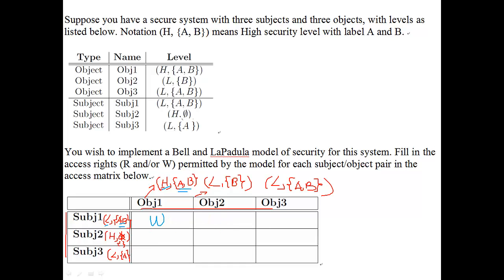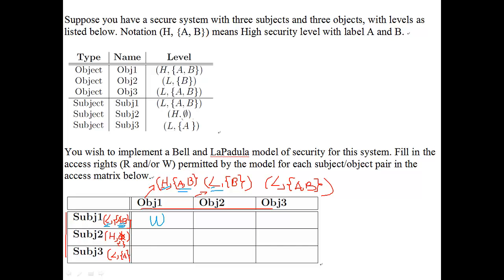Then let's compare subject 1 and object 2. The levels of subject 1 and object 2 are the same. Both are low level. But let's compare the category.